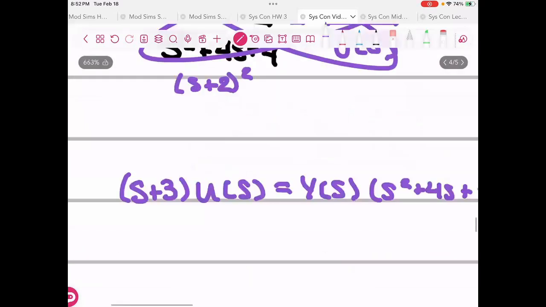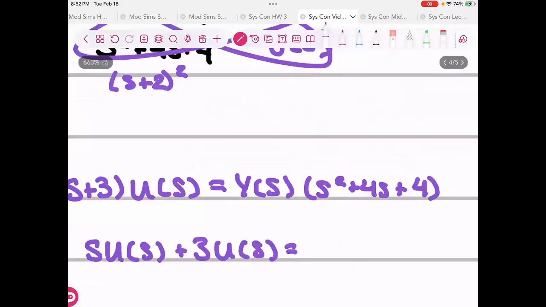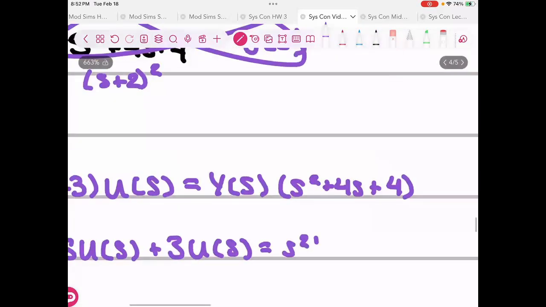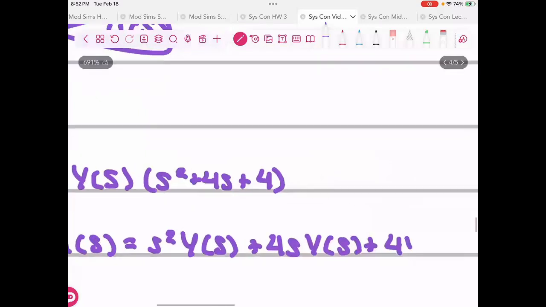And that turns into s u of s plus 3 u of s equals s squared y of s plus 4s y of s plus 4y of s.